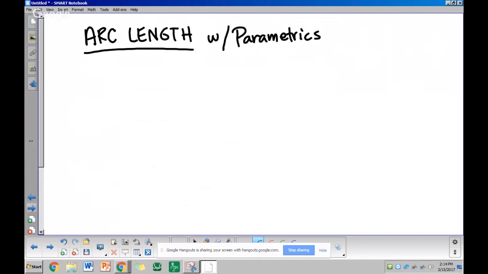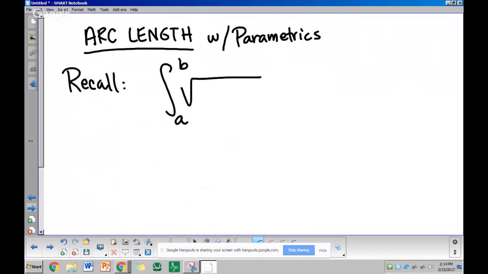All right. So, can we recall what the arc length formula was? From a to b of the square root of 1 plus dy/dx squared, dx. But what is this going to be instead of a and b?